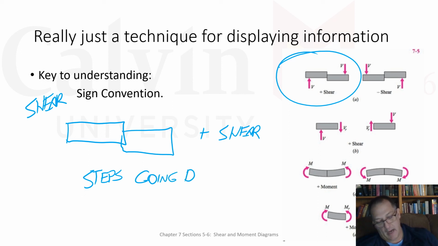That's my mnemonic device. If I have steps going down, that gives me positive feelings. It's a positive shear. That's our first thing that we have to track.